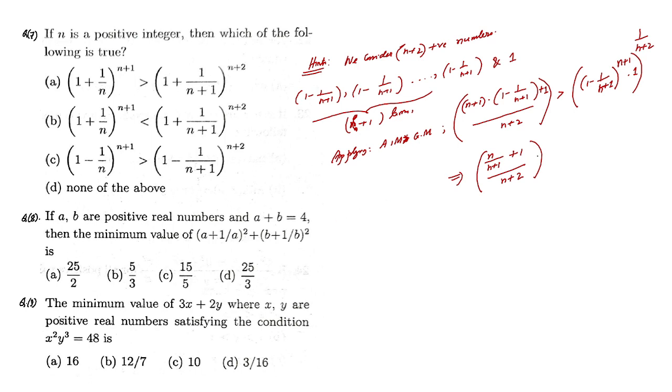Okay, this is greater than 1 minus 1 by n plus 1, to the power n plus 1, to the power 1 by n plus 2. So I am taking the n plus 2 power to that side.